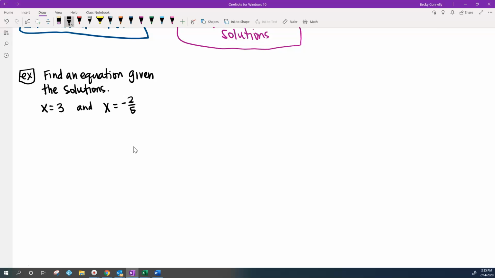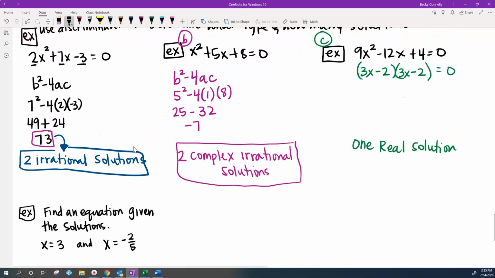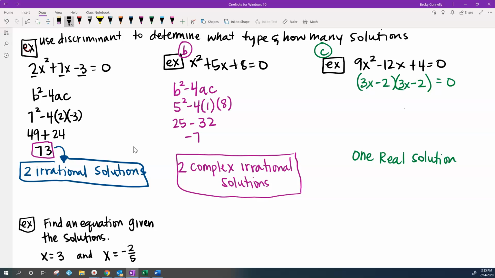So remember when we, let's go back up here to this one. Remember, if I took this 3x minus 2 and put it equal to 0, right? And then I solve it, and I get x equals 2/3. Well, I'm just working backwards from here, right?